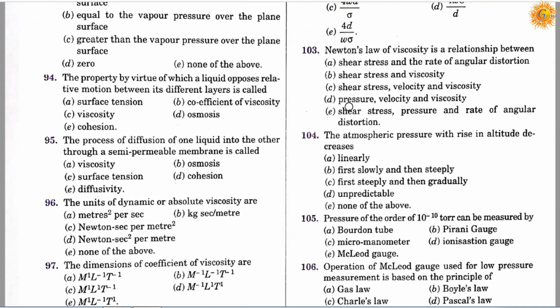Question number 103. Newton's law of viscosity is a relationship between: option A, shear stress and the rate of angular distortion; option B, shear stress and viscosity; option C, shear stress and velocity and viscosity; option D, pressure, velocity and viscosity; option E, shear stress, pressure and rate of angular distortion.